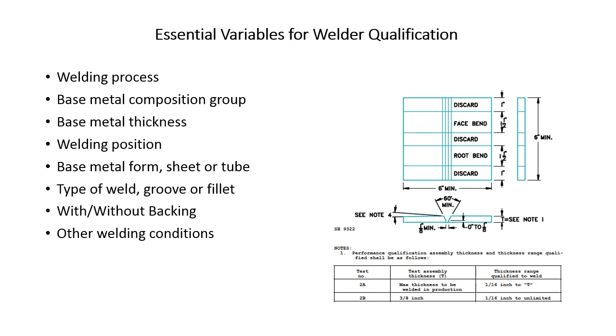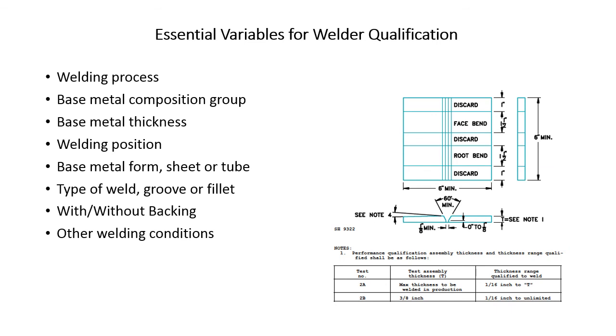This list is a general list of essential variables for welder qualification. You've got the welding process, something like shielded metal arc, gas metal arc, submerged arc, gas tungsten arc welding. Base metal composition group, okay, are we welding aluminum, copper, tungsten, titanium? There's base metal composition groups. Base metal thickness, are we welding sheet metal or are we welding something really thick, 4 inches thick?